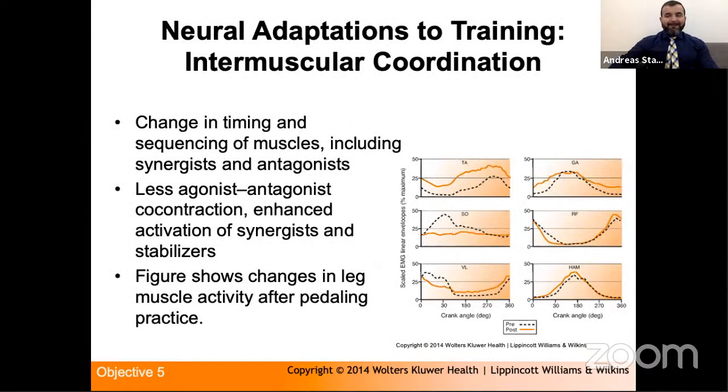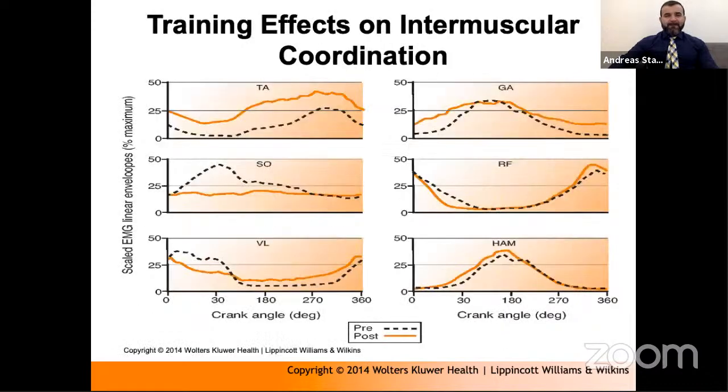Here we have, that's pretty cool if you see it, pre and post. Pre is before somebody starts doing some kind of pedaling on a bike, and then after 16 efforts, tries. So you see how different the intramuscular coordination is. Soleus, very different.